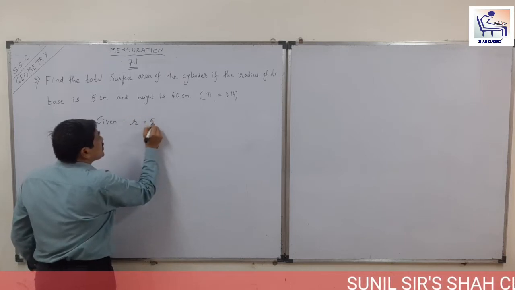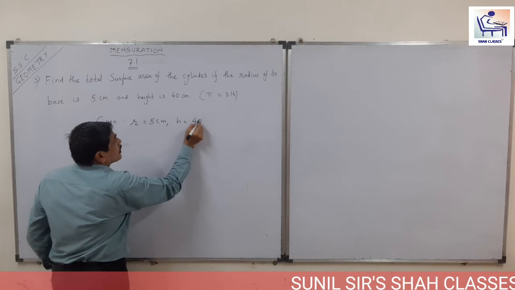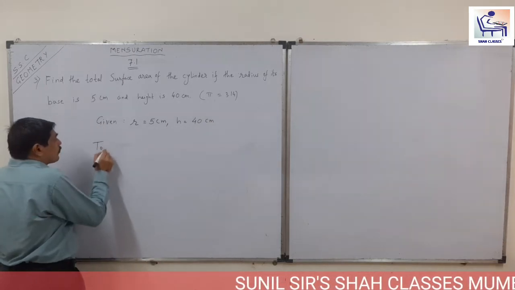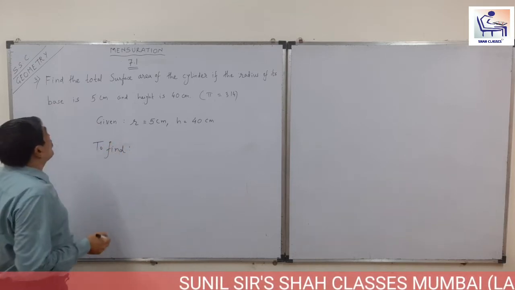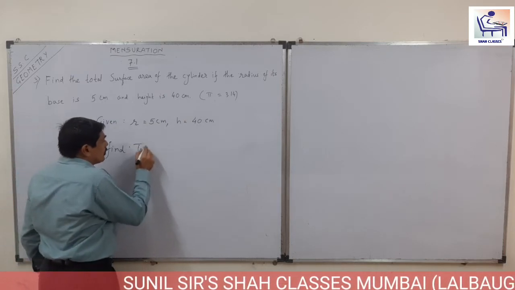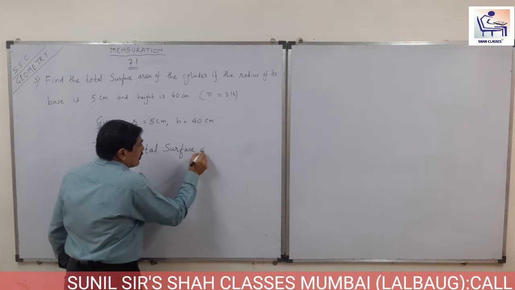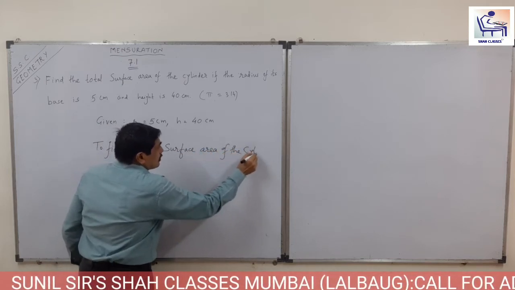Radius of its base is 5 centimeter and the height is 40 centimeter. Now what we have to find out? हमें क्या find out करना है? हमें find out करना है total surface area of the cylinder.